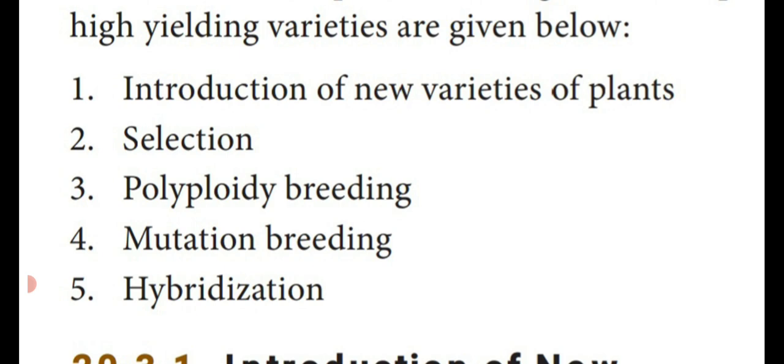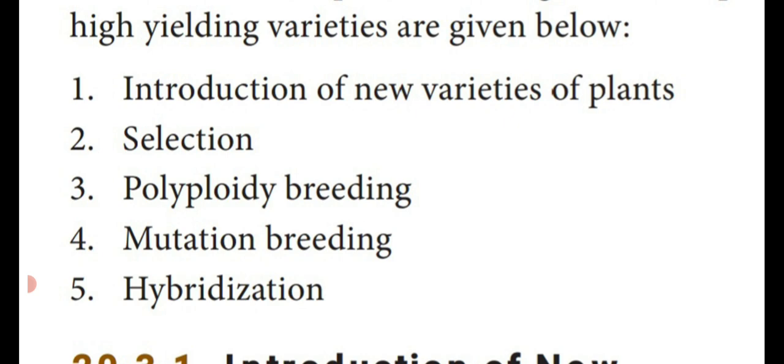First one, introduction of new varieties of plants. That means in our country, some of the food yielding varieties of crops are not cultivated. Some crops are cultivated in other countries. So those new varieties are introduced to our country by the plant breeding method.